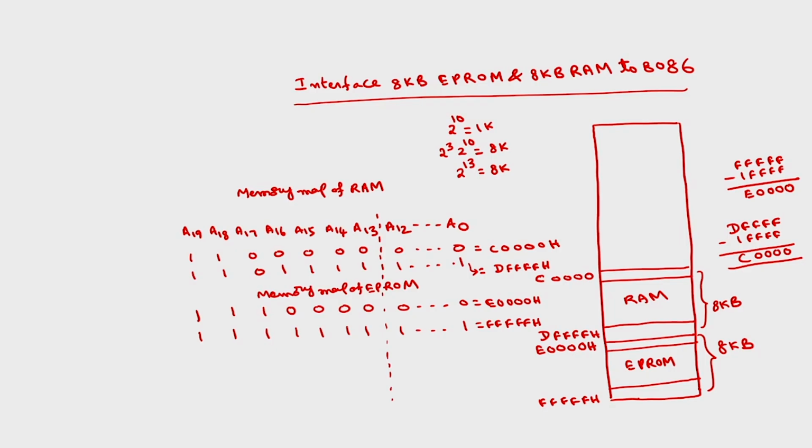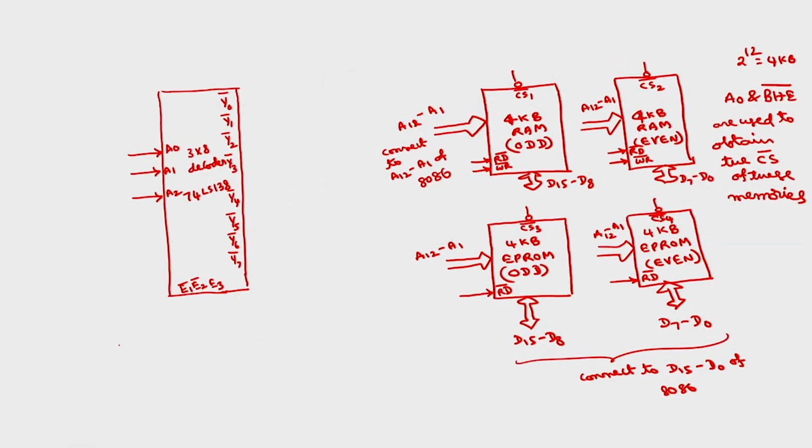So the only difference between the RAM memory map and the EPROM memory map is that A17 is 0 from starting to ending address of RAM, and A17 is 1 from starting to ending address of EPROM. This A17 I am going to connect to A2 of this decoder, and A0 and BHE bar, as I have told, we have to use for selecting the chip select. So I will connect A0 here and BHE bar here.